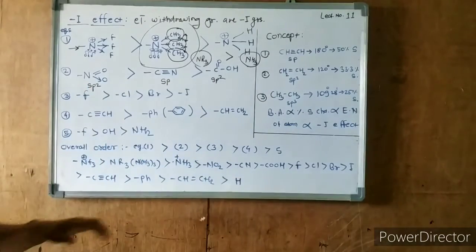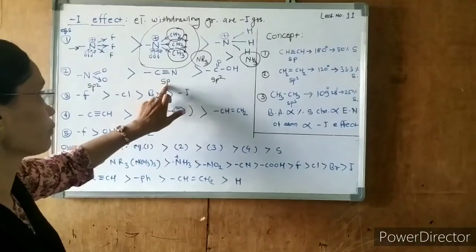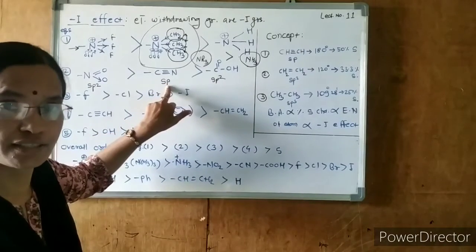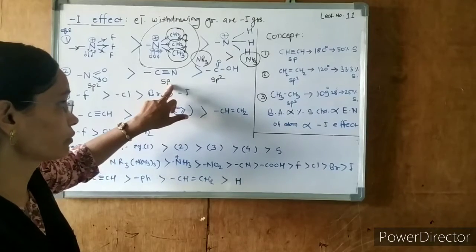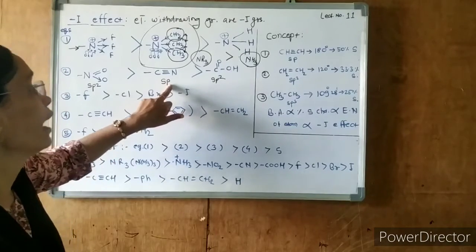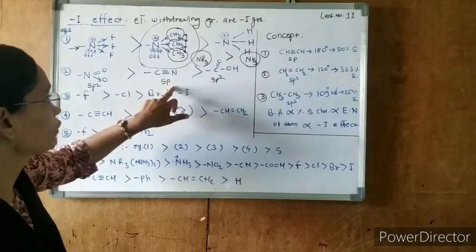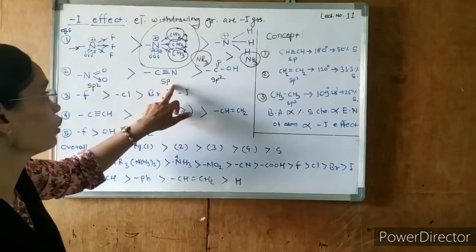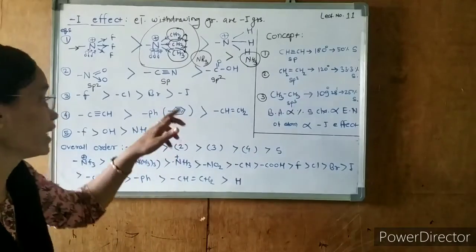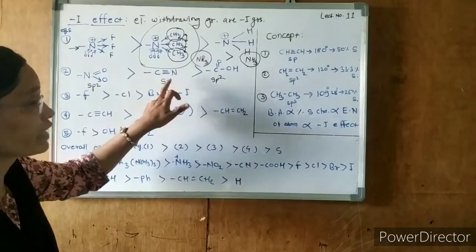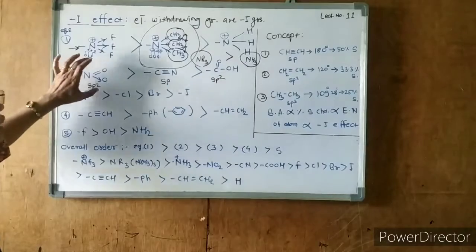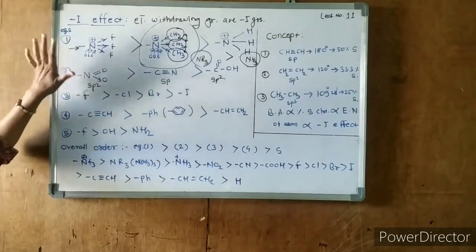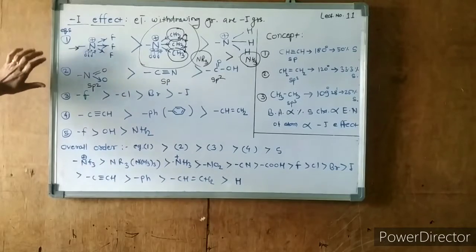Now according to our concept, sp carbon means more percentage of S character, so it will have larger bond angle, and it will show more electronegativity, and in turn more minus I effect as compared to this also, but it will not happen in this example. This is a twisted example. You have to remember this example.